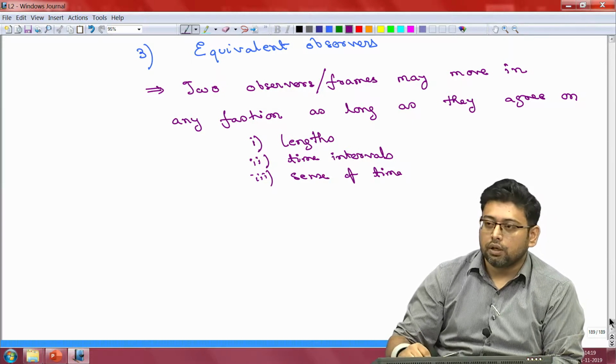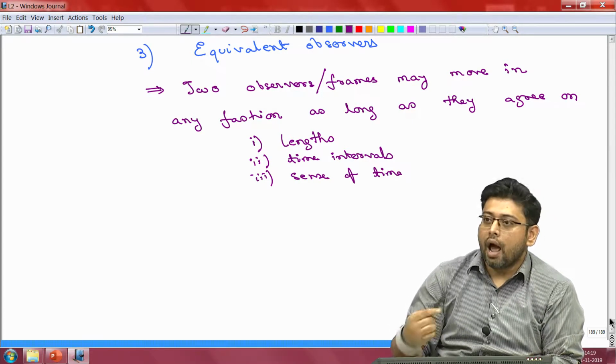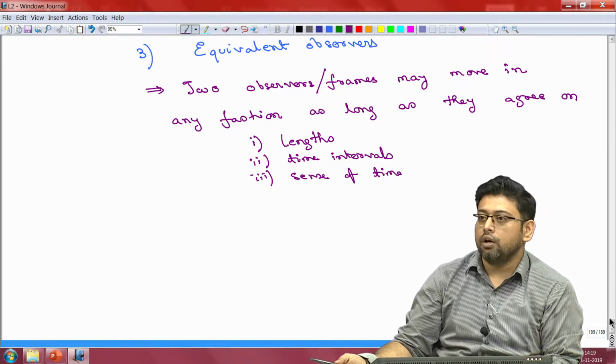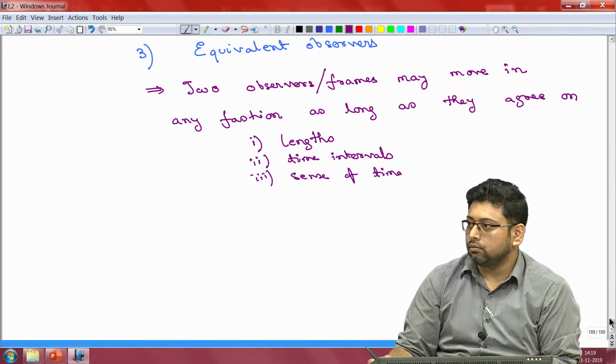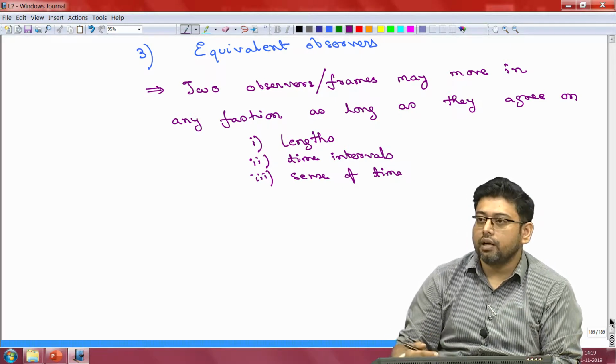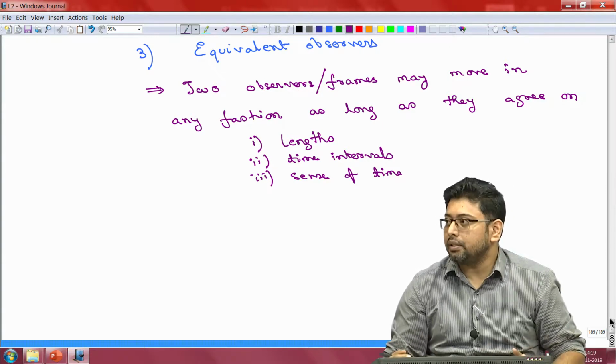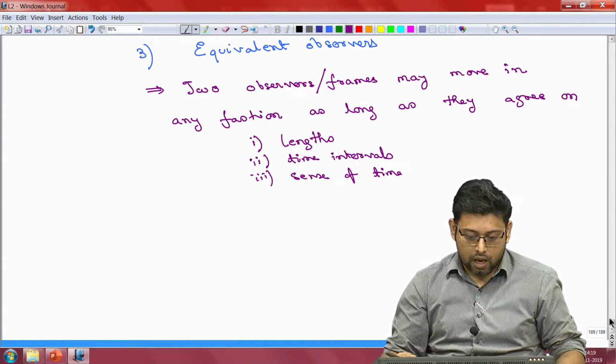So, what I am going to measure later on and what you are going to measure later on should be similar. They cannot be very different from each other. That simple idea is the basis of this discussion.